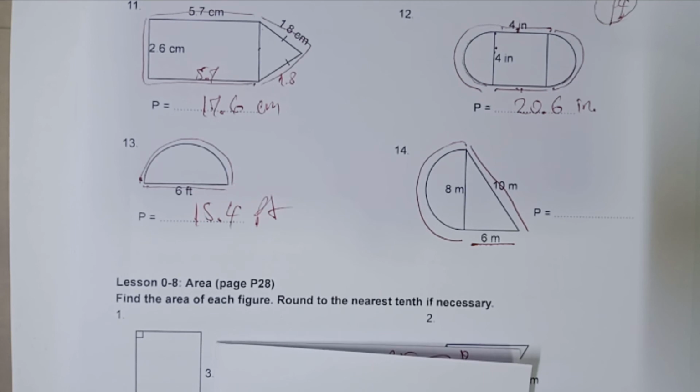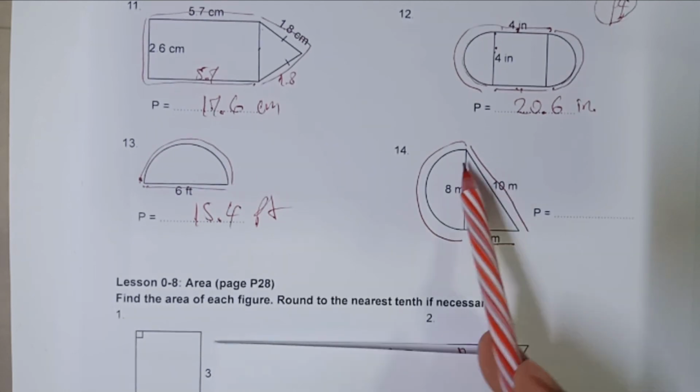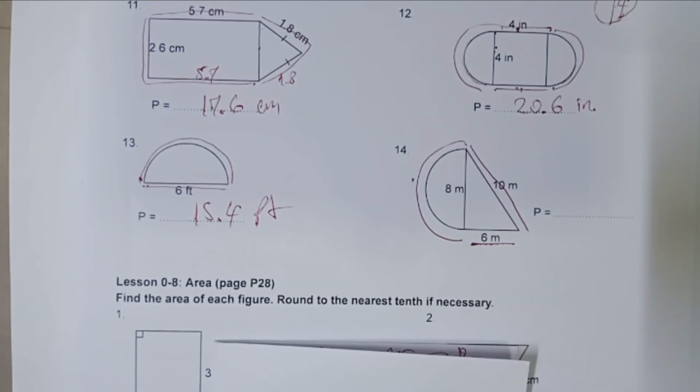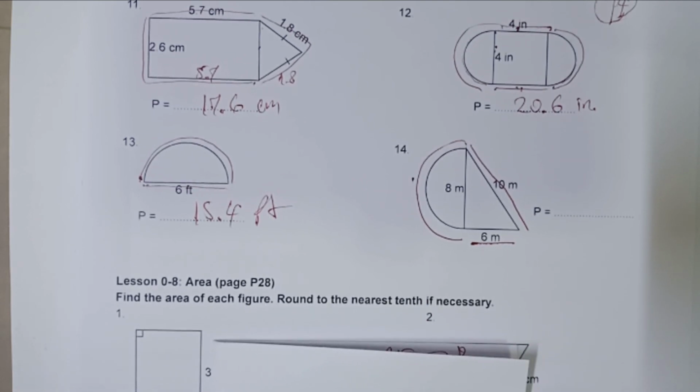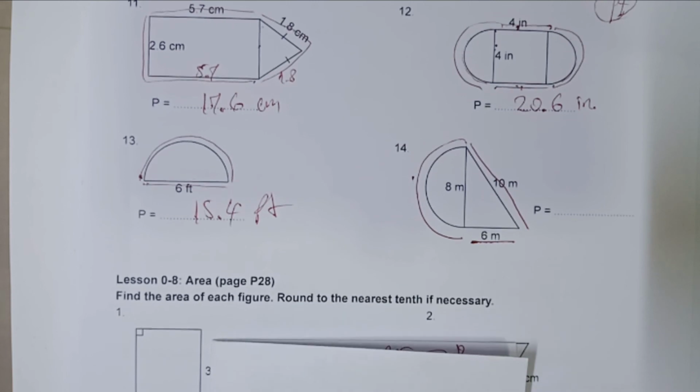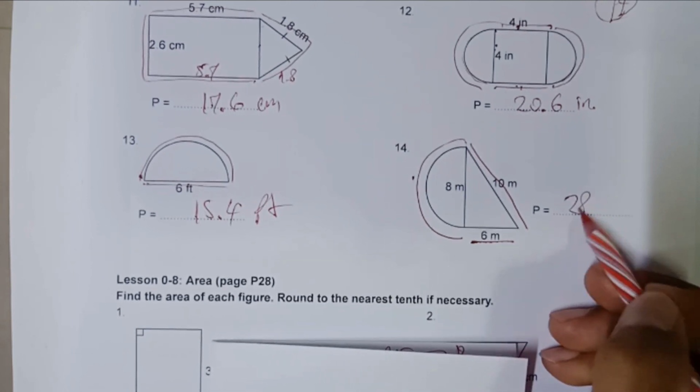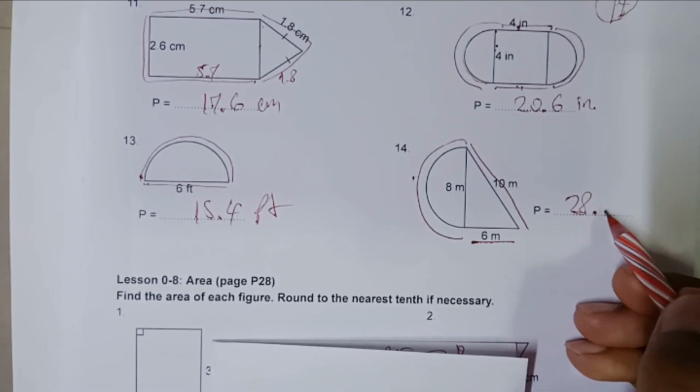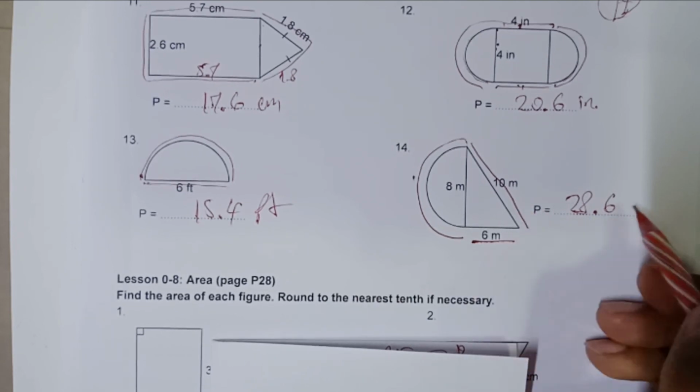That's the length for a whole circle, but you need only half of the circle, so you divide by 2. Then you plus 6, and then you plus 10, and you round to the nearest tenth. That will give you 28.6. This is in meters.